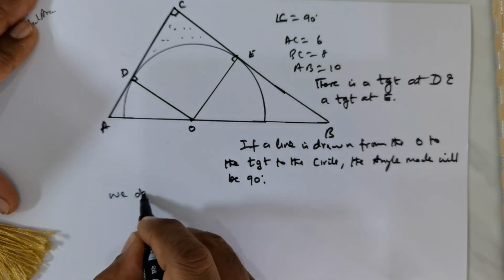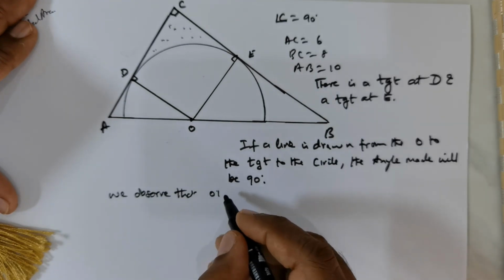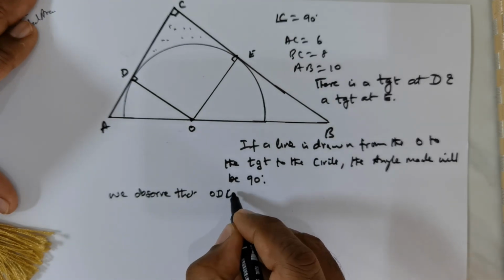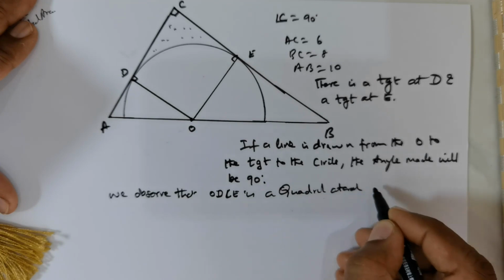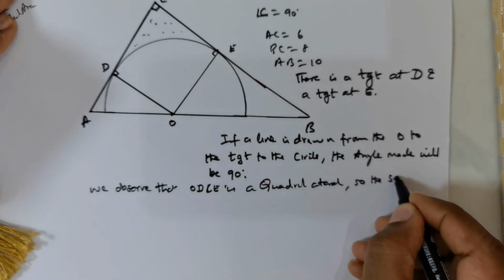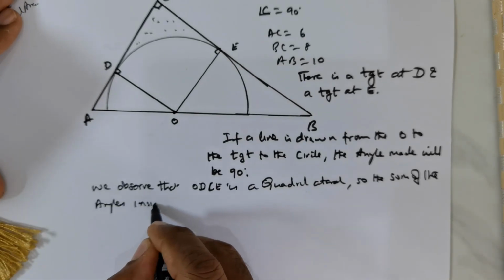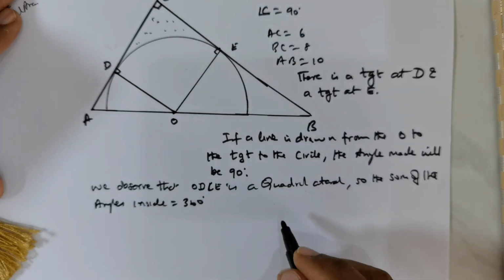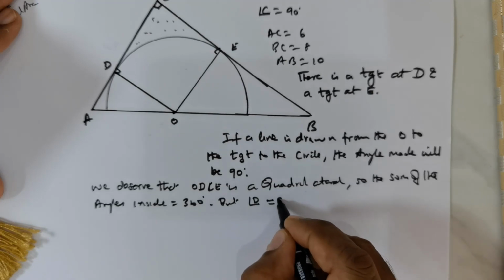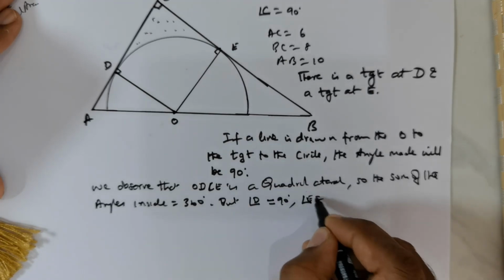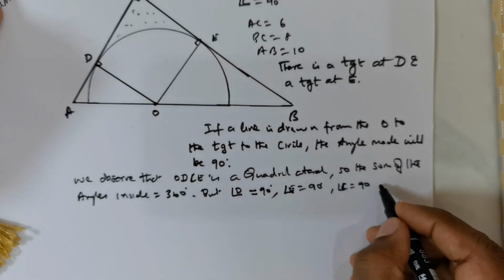We observe that ODCE is a quadrilateral. So the sum of the angles inside will have to be 360, but angle D is equal to 90, angle at E is equal to 90, and angle at C is equal to 90.